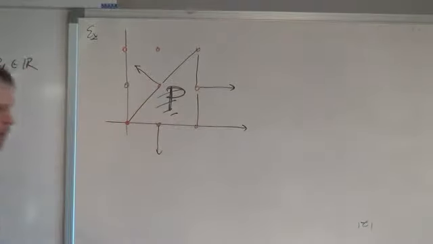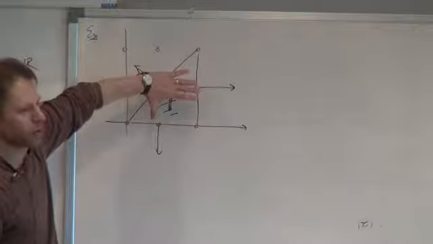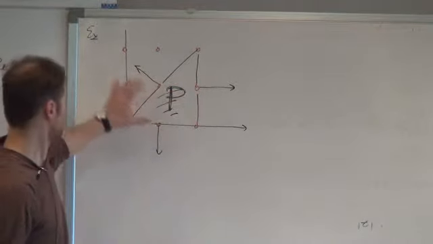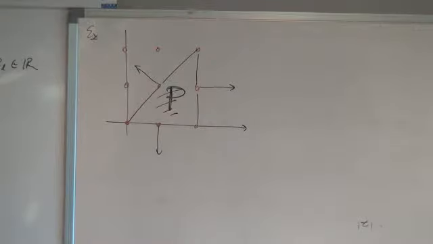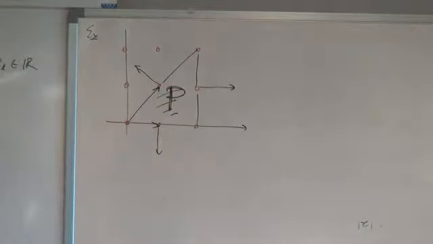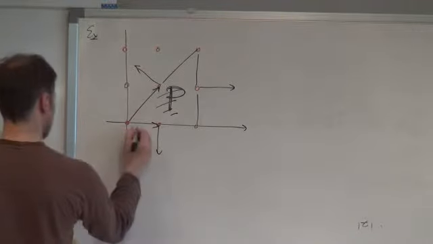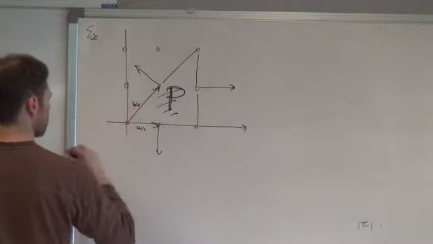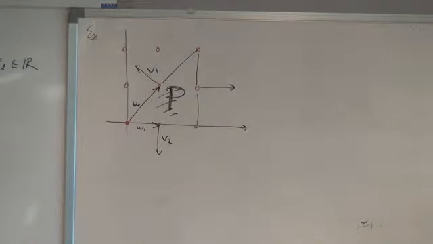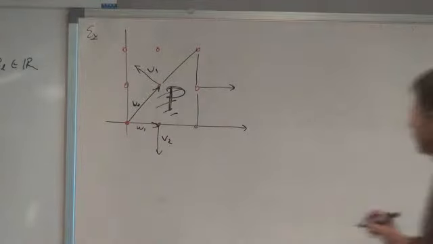And pairwise they form a basis, right? These two form a basis of Z squared, these two form a basis of Z squared, these two form a basis of Z squared. Or if you look at the edges, these two vectors are a basis. So here's w_1, w_2, here's v_1, here's v_2. So this is unimodular.